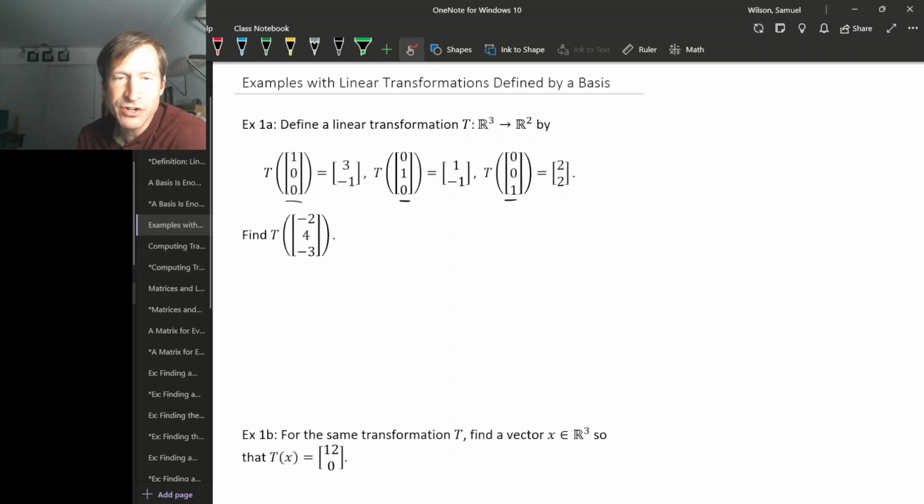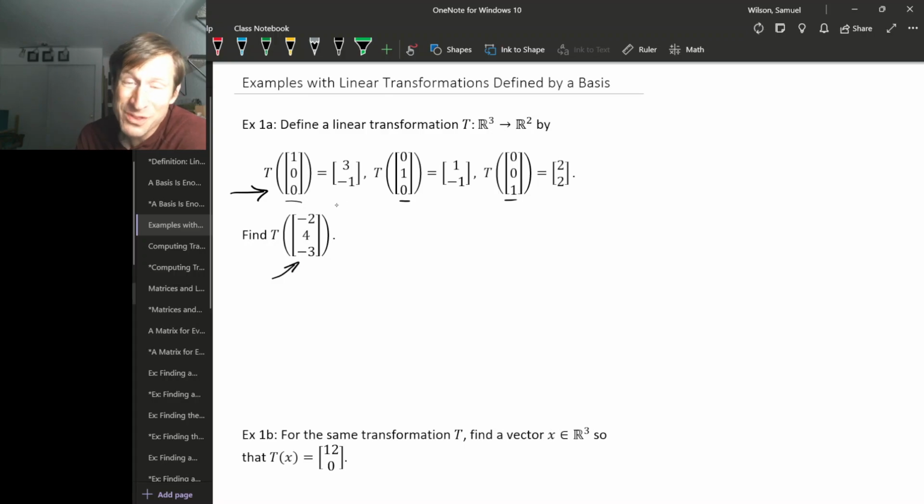So using this linear transformation, let's find T of (-2, 4, -3). The idea of working with a linear transformation defined on a basis like this is to always get back to the basis that you know somehow. So what we would like to do is express this vector in terms of the basis, because then we'll be able to use these known values on the standard basis.